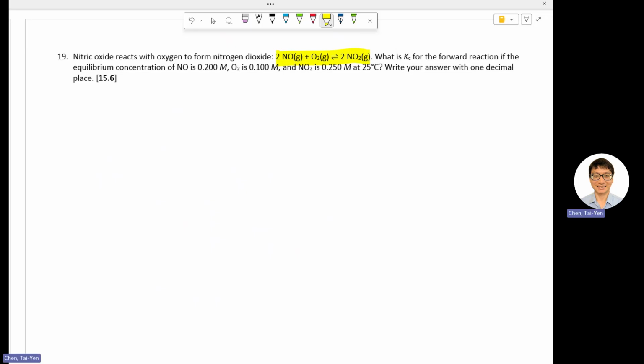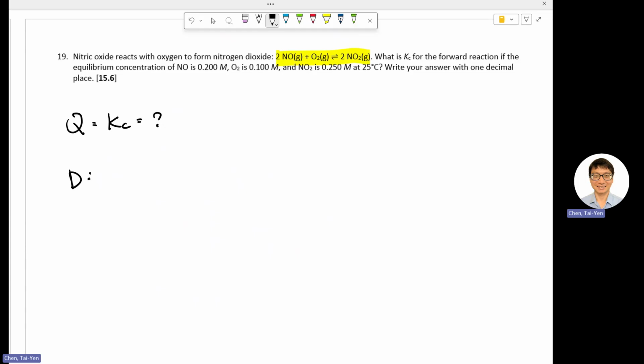You see it asks you to calculate the Kc, so apparently it's a chapter 12 type question. The Q that you want to compute is Kc.